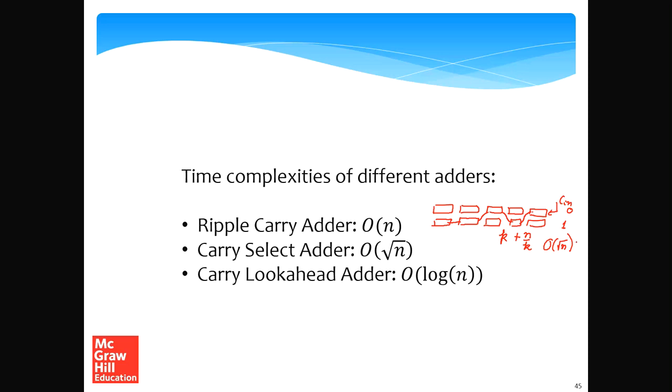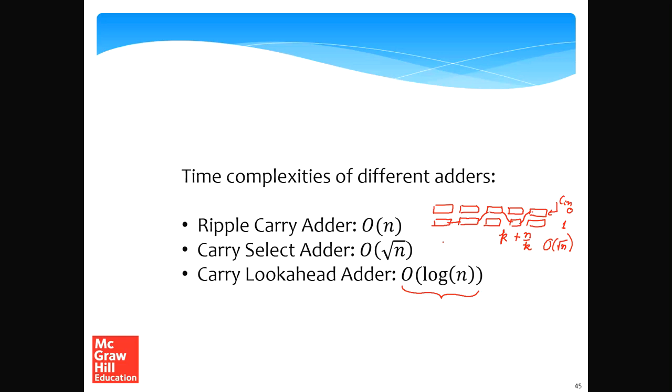So carry look ahead adder is our latest adder in our portfolio of adders. It's very fast, it's the fastest. It is also used in commercial processors. So this takes order of log n time, and log n is clearly much faster than order of n or square root of n. So the advantage here is that it's again a two-stage algorithm which is very fast.